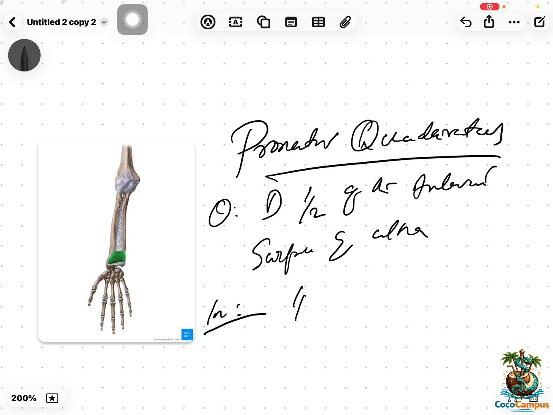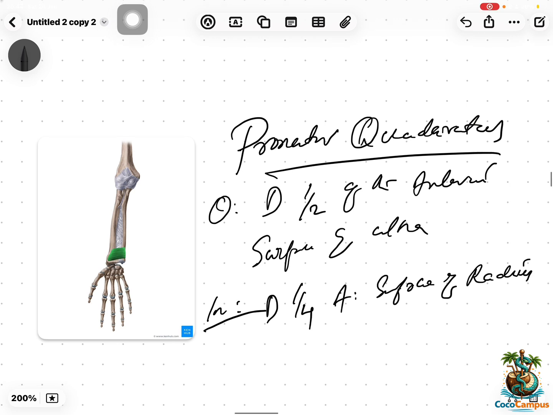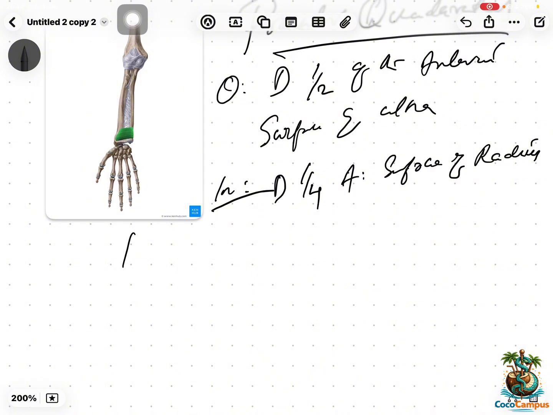Origin is at the distal quarter of the ulnar anterior surface, and insertion is at the distal quarter anterior surface of the radius. Quite simple, you can remember it pretty easily. And the nerve that supplies the pronator quadratus is the median nerve. Once again, anterior interosseous branch, AIB, median nerve.